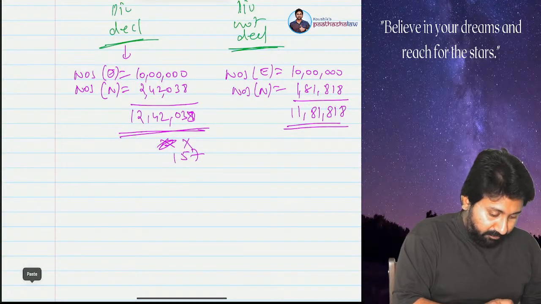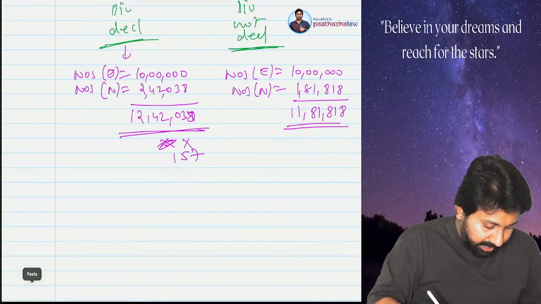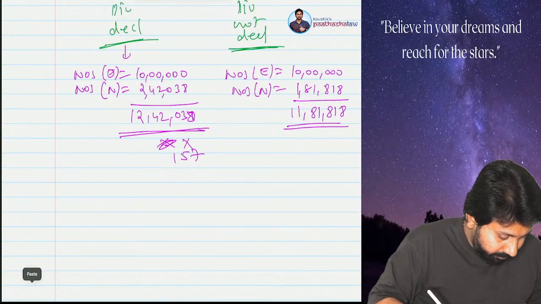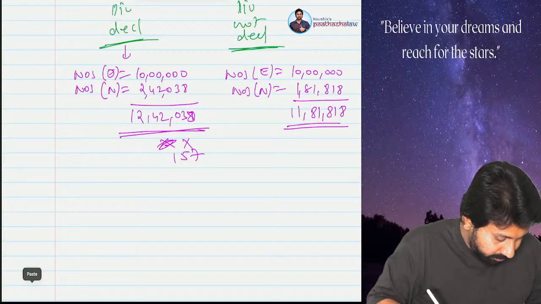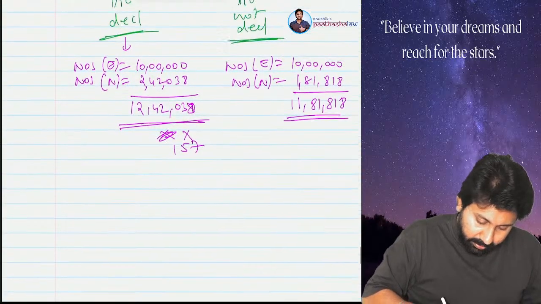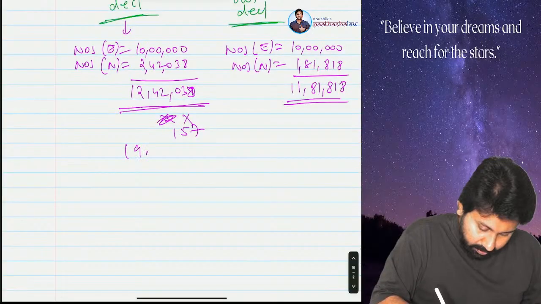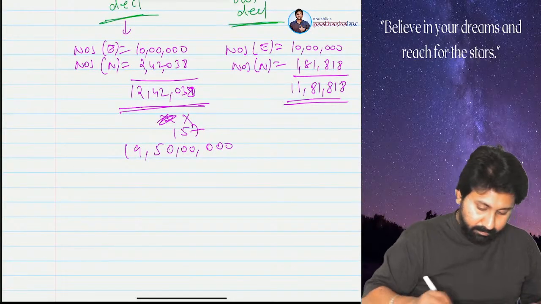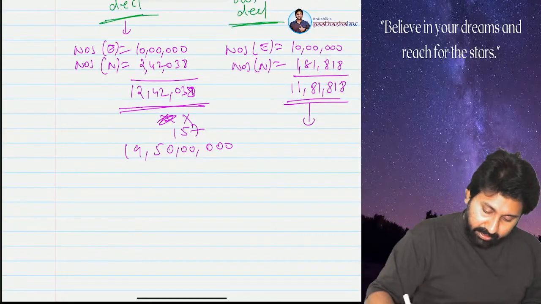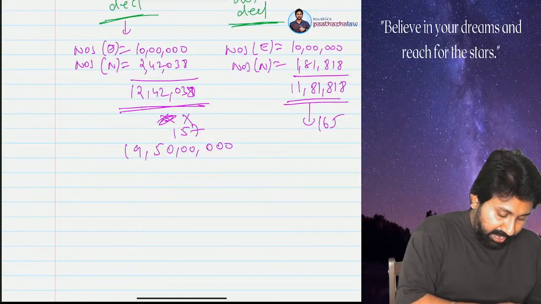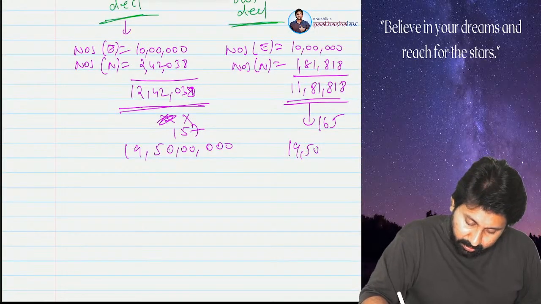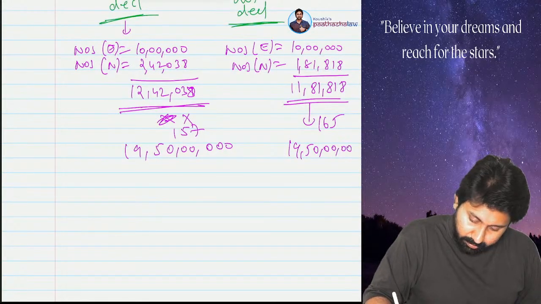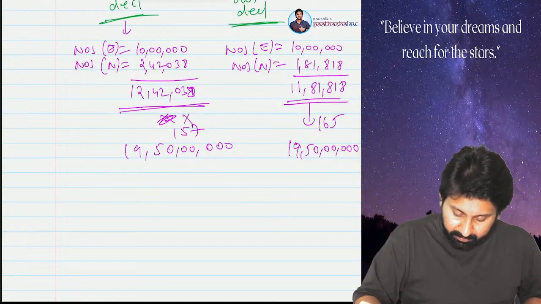12 lakh 42,038 into 157. It came to 19 crore 50 lakh. Next, 11 lakh 81,818 into 165, 19 crore 50 lakh.